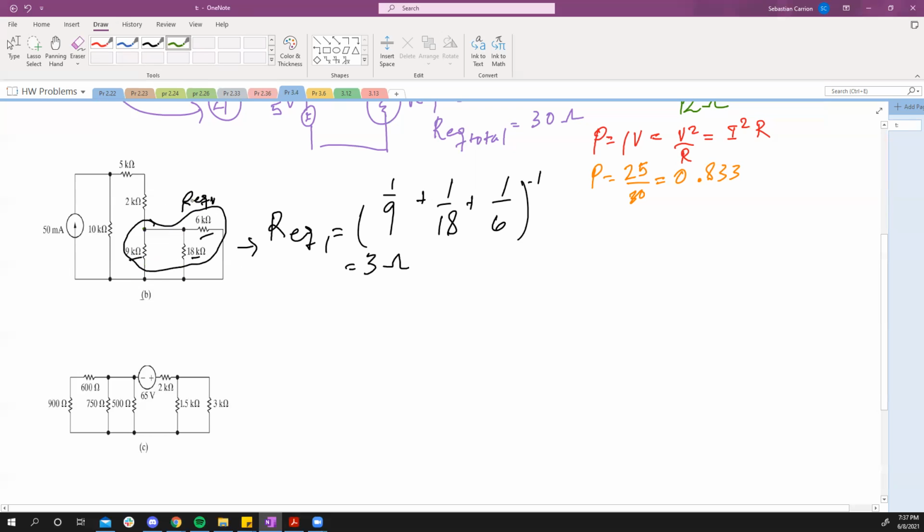So then this first equivalent resistance is in series with the 2,000 ohm resistor and the 5,000 ohm resistor, right? So this 3,000 ohm resistor. So then R equivalent 2 is the addition.